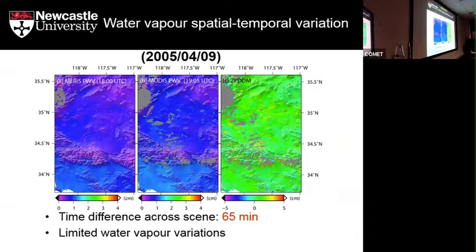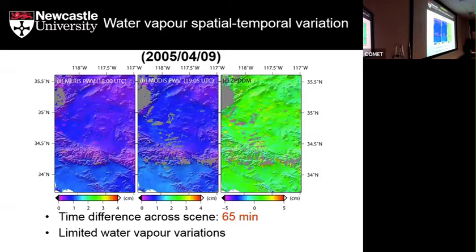And the third map is the difference of these two maps. You can see there are very limited water vapor variations during this 1 hour period. So you will expect there will be no obvious tropospheric errors on your interferogram.